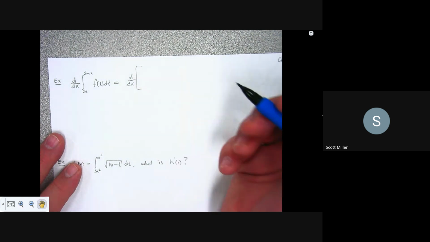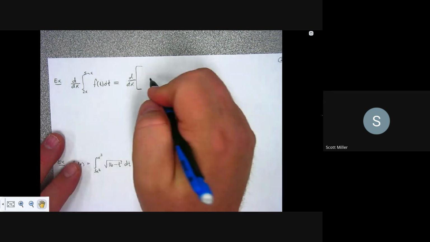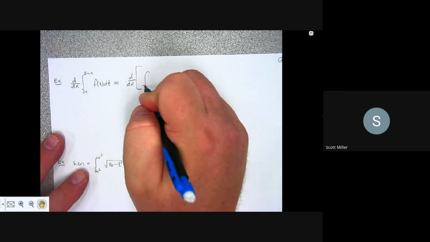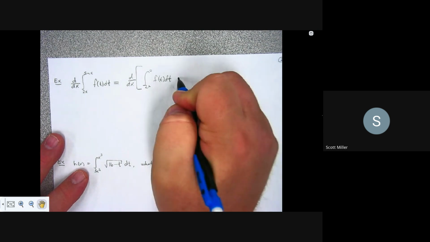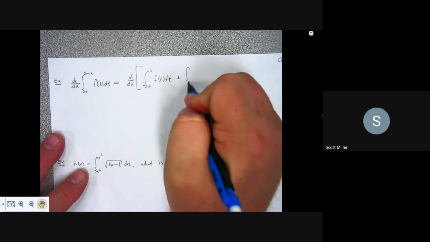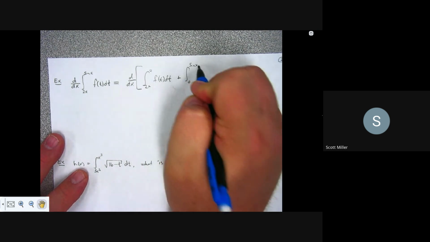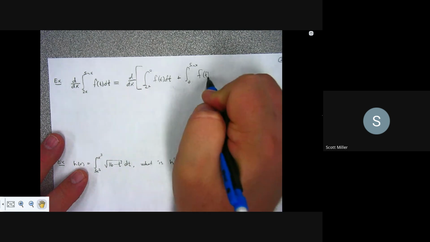I'm going to choose a very simple number, 0. And I'm going to use that separating property for integrals. So I'm going to write this as the integral from 2x to 0 of f of t dt, and then to this I'm going to add the integral from 0 to sine of x of f of t dt.